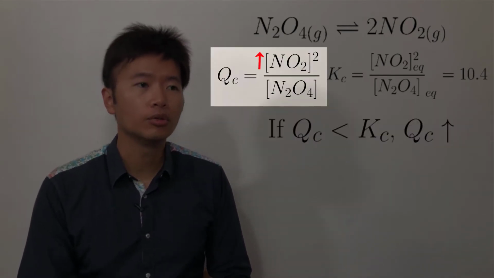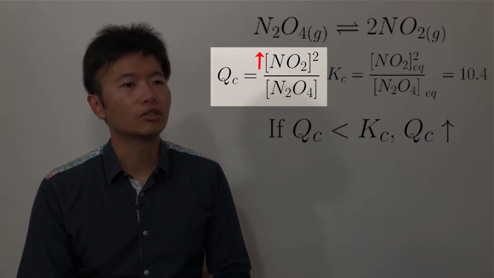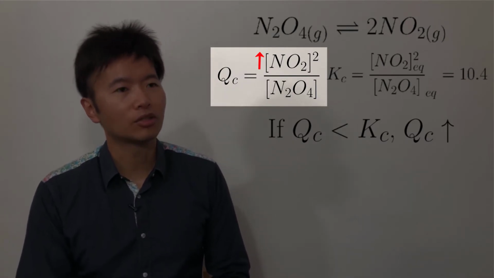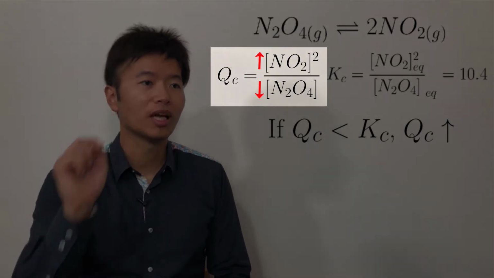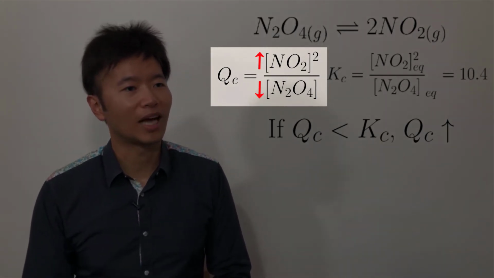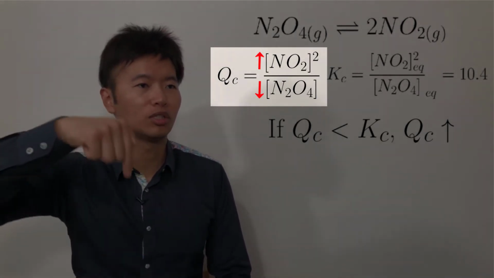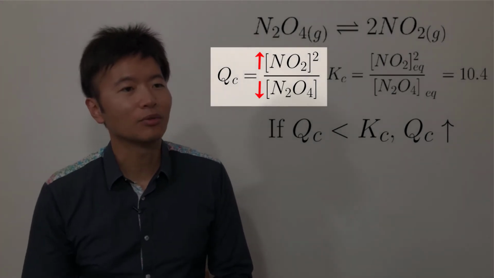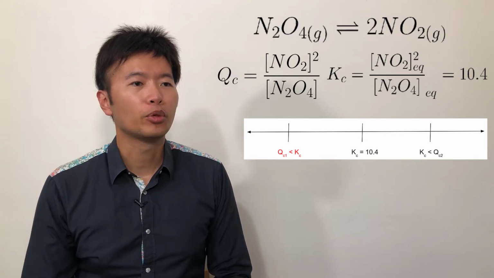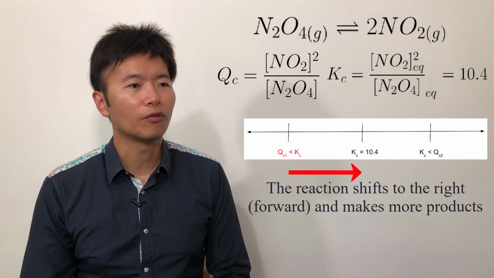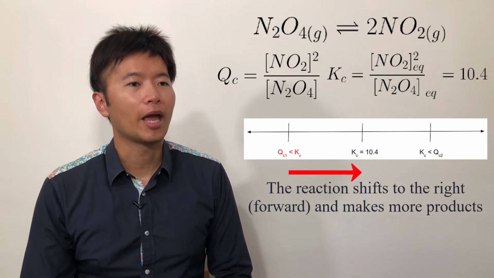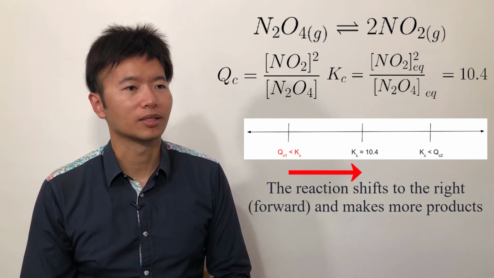And for Q to increase, we need the concentration of nitrogen dioxide to increase and the concentration of dinitrogen tetroxide to decrease. As a result, that means the reaction will proceed in the forward direction and produce more products.